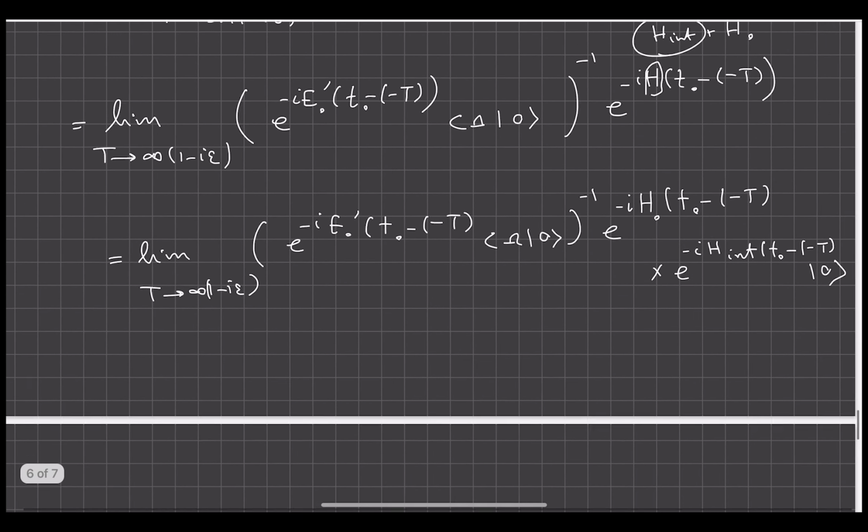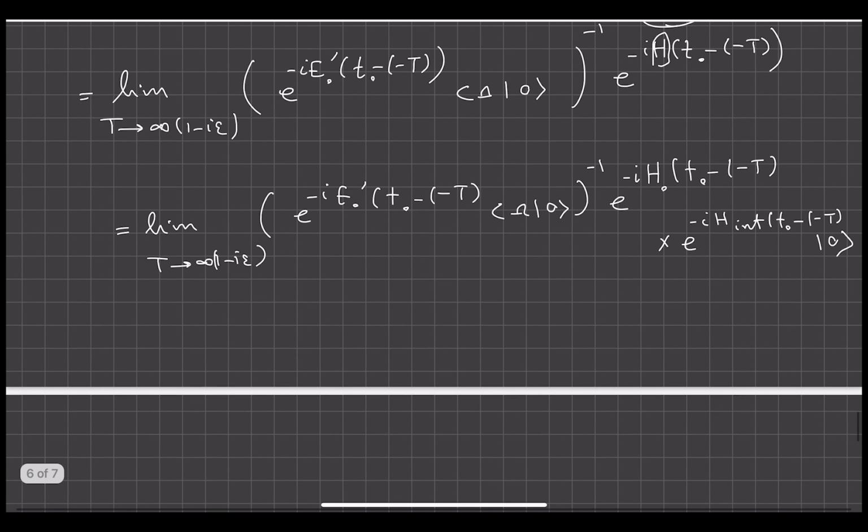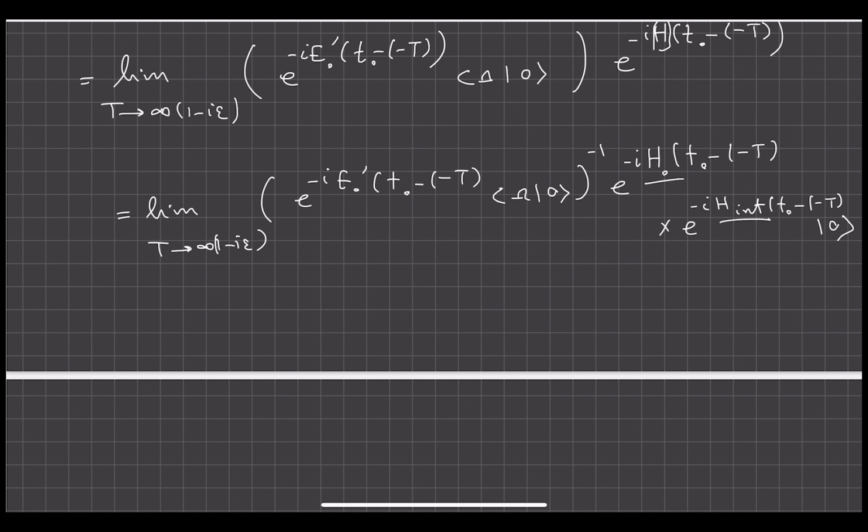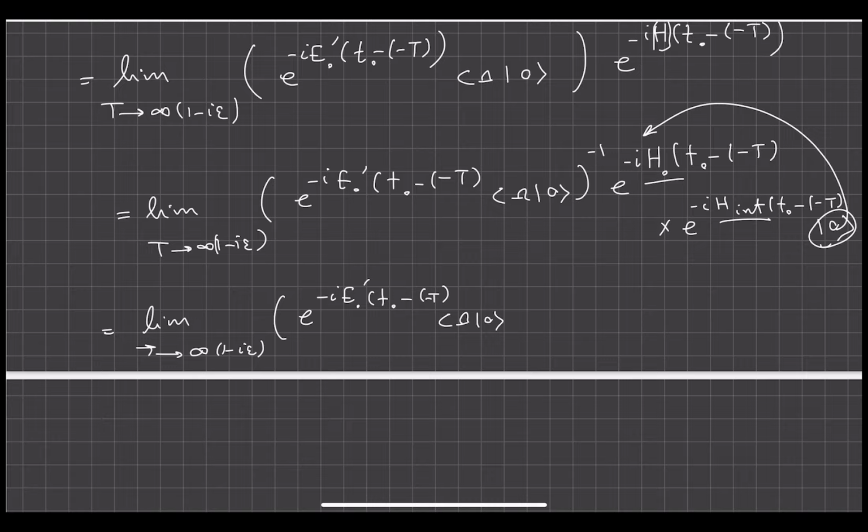Sorry that we have too much argument. And then, based on the fact that these two commute, the state 0 goes to this h0, and that is equal to the limit of the u operator of time t0 and minus t acting on the vacuum.